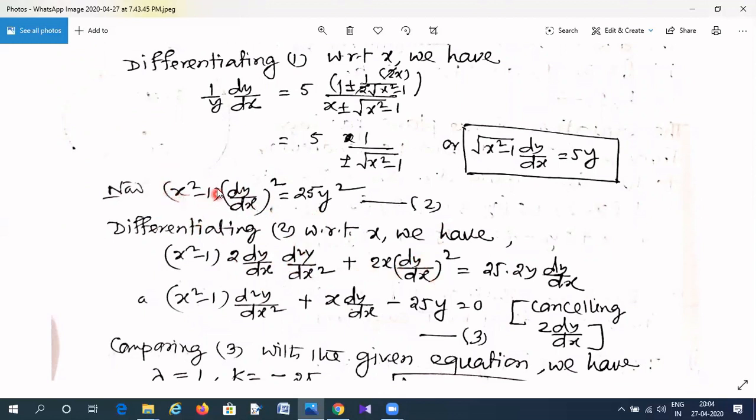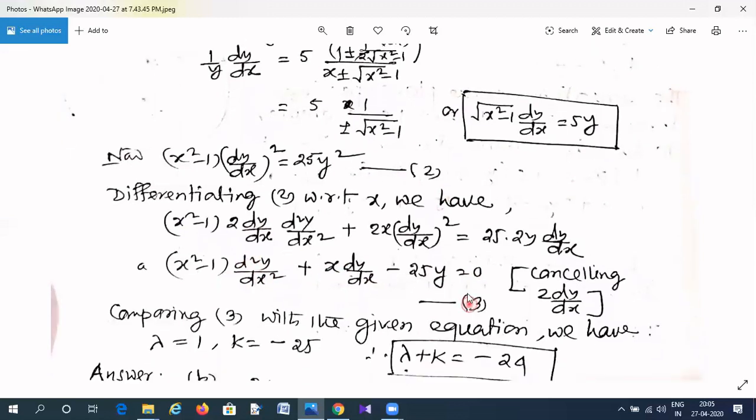First we keep this term constant, then x square minus 1 is x square, keeping this term constant, this will become x square minus 1 into, if we differentiate this term, then this term will come, plus taking (dy/dx) whole square constant, we differentiate x square minus 1, that is 2x, is equal to 25, the derivative of y square is 2y into dy/dx. Now cancel 2 dy/dx from both sides. We have (x square minus 1) d2y/dx2 plus x dy/dx minus 25y is equal to 0.